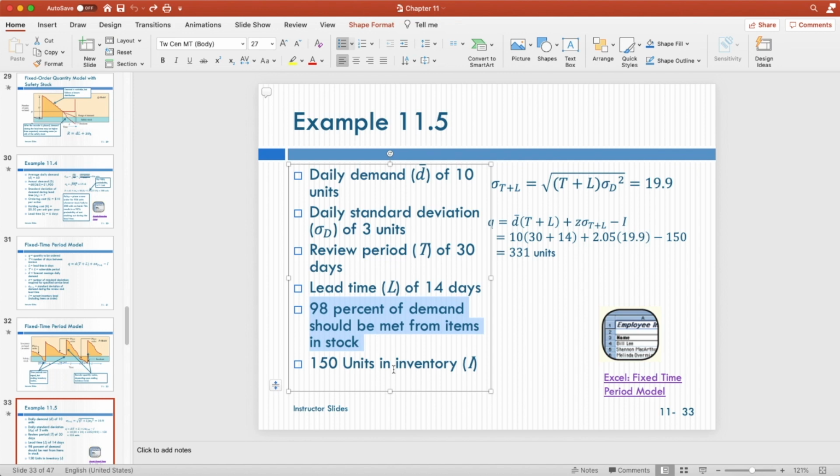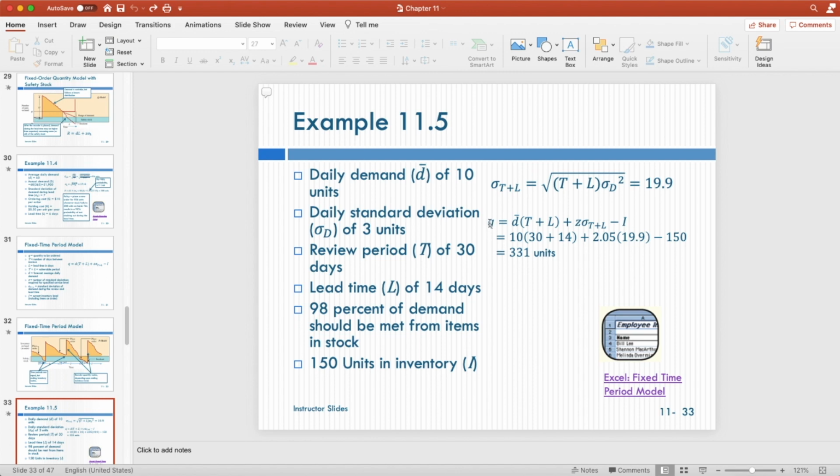Suppose that today, when you look at your inventory, you currently have 150 units on hand. Suppose today is the end of September, and you need to decide how many units to order for the next period.